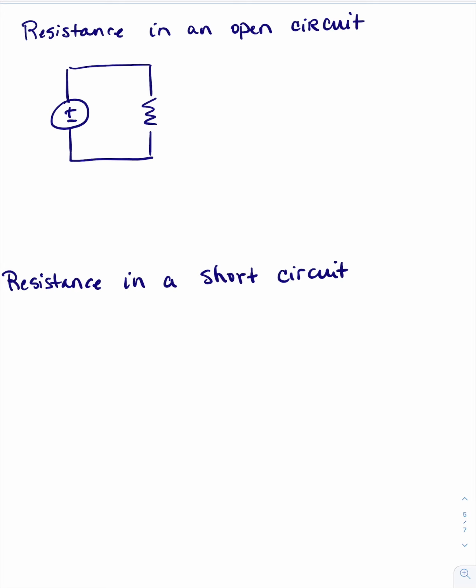And this is a voltage source. And that's our load. If we remove the load, we now have what's called an open circuit. So what is our resistance value with an open circuit?